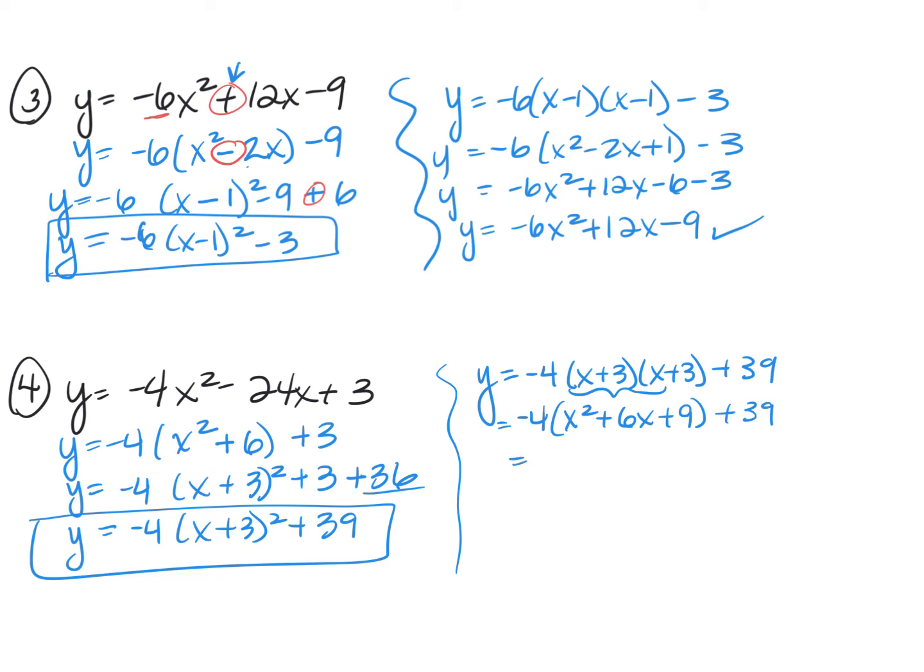Distributing out the negative 4, negative 4x squared minus 24x minus 36 plus 39. Let's clean it up. Negative 4x squared minus 24x. This becomes plus 3. Did we get back? We did. One more example and we'll call it quits.